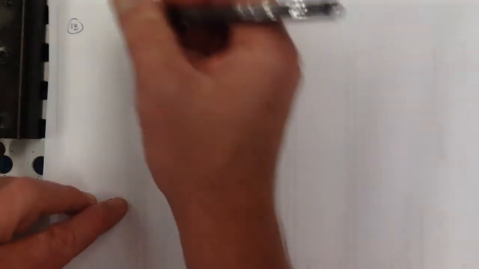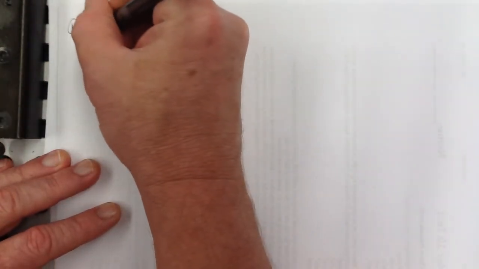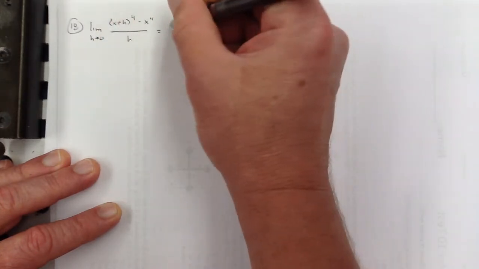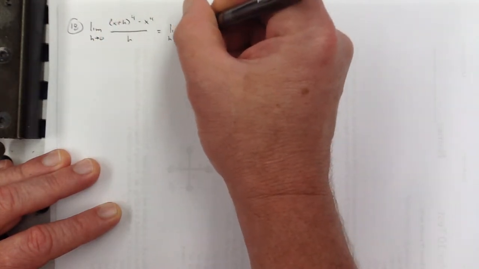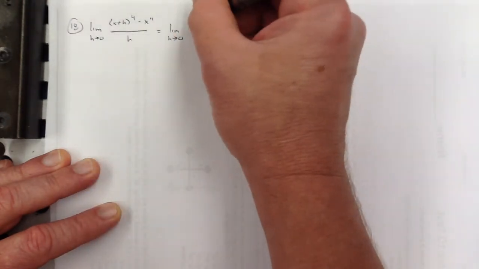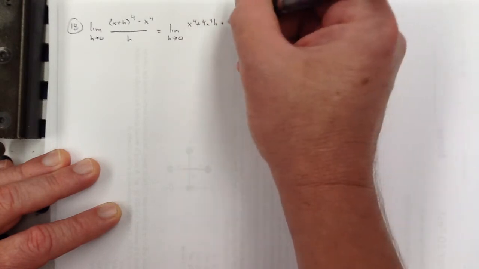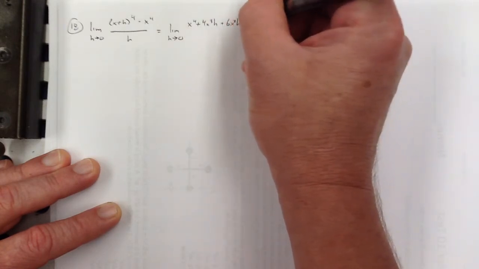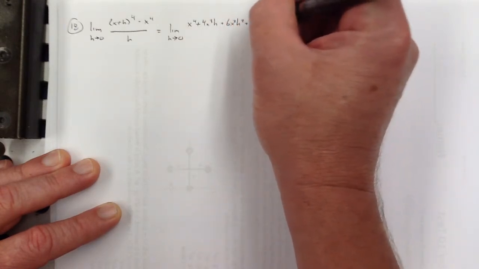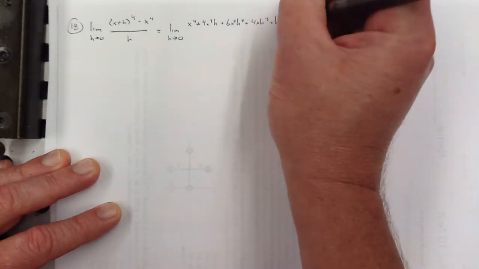Oh boy. I'm going to bust out my Pascal's triangle right about now. Let's see, that's x to the 4th plus 4x cubed h plus 6x squared h squared plus 4x h cubed plus h to the 4th.